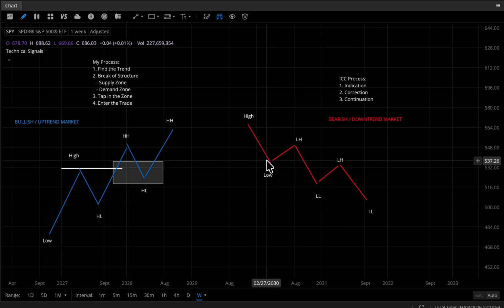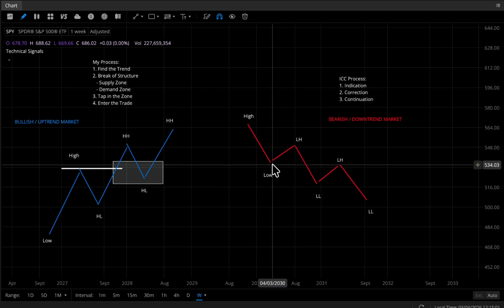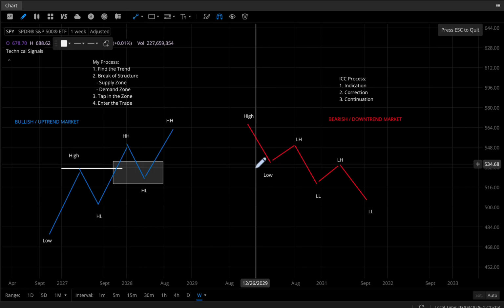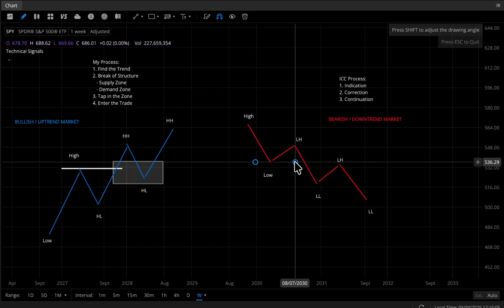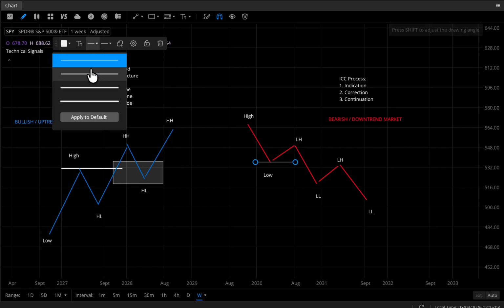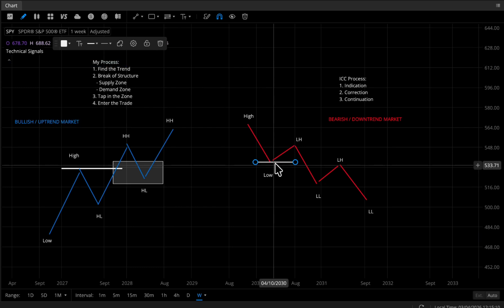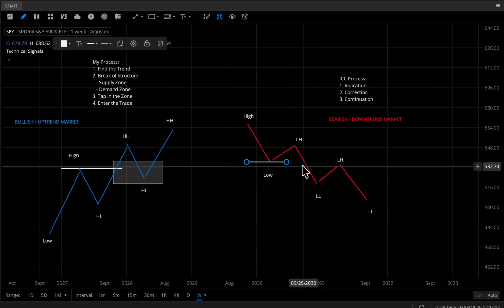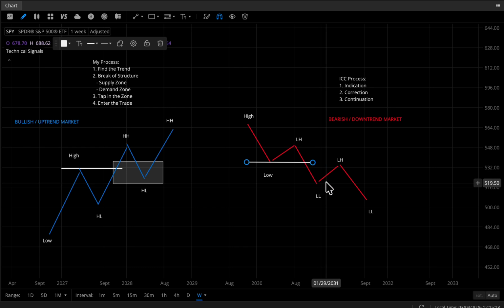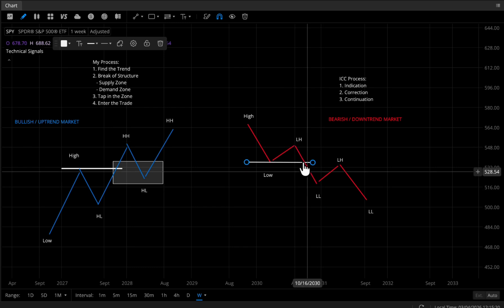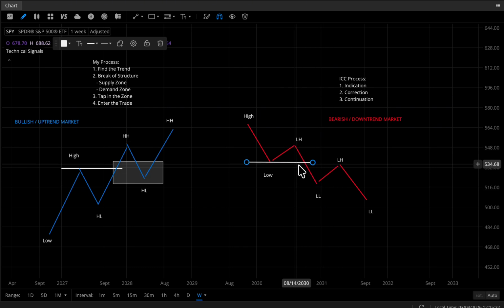So we wait, we identify our low. So this is our most recent low. Price indicated that it wants to push lower because it broke structure. It broke structure to the downside. So that's an indication that price wants to push lower.